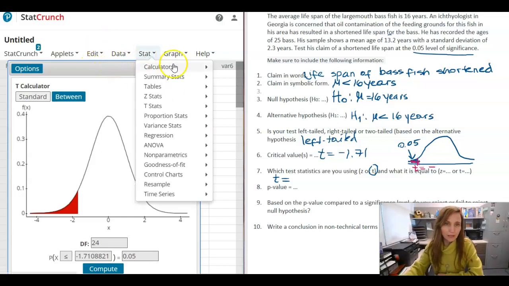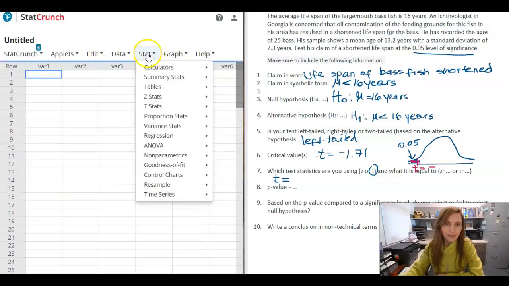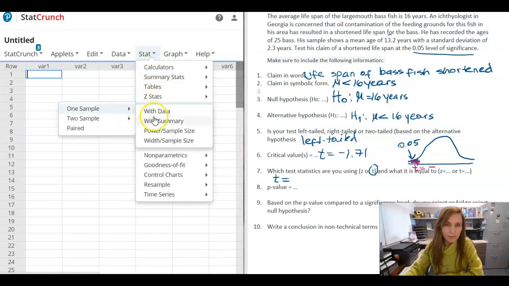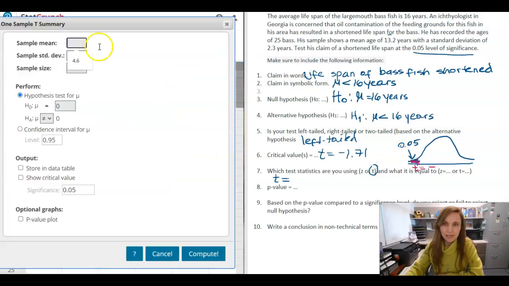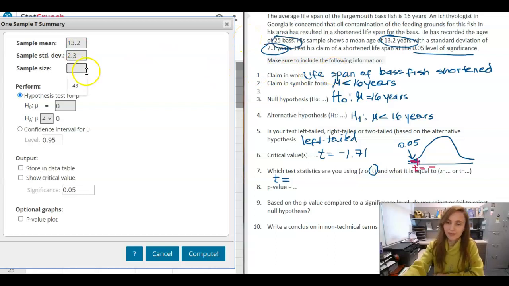So let's go back to StatCrunch and go to Stat, T Stats, One Sample, With Summary. Sample mean is 13.2. Sample standard deviation is 2.3 years, and sample size 25.